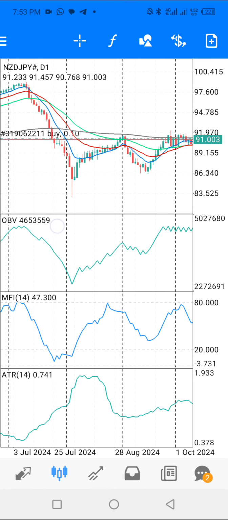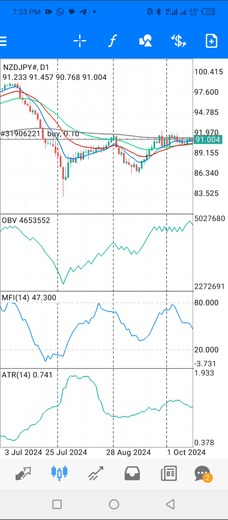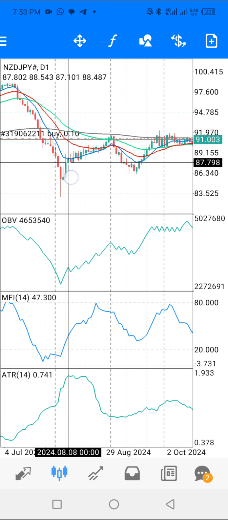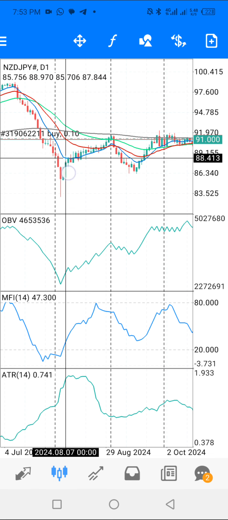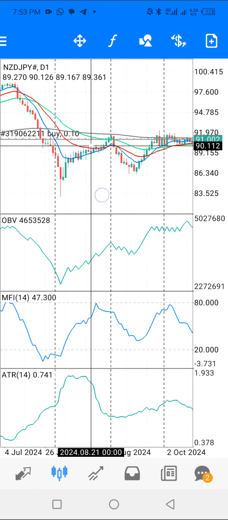Supposing it wants to return back up and you see signs of it, then you need to look for a close above the EMAs, either the 9 period EMA or the 21 period EMA.